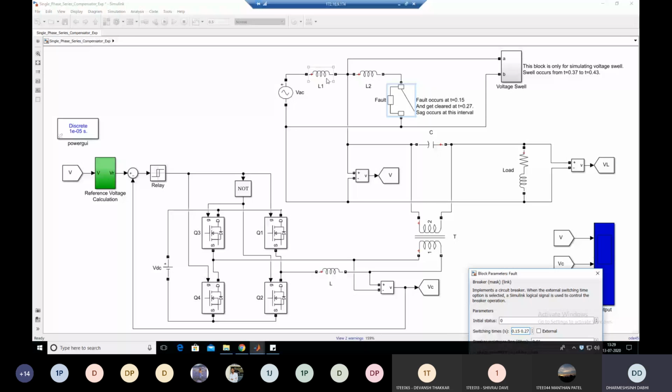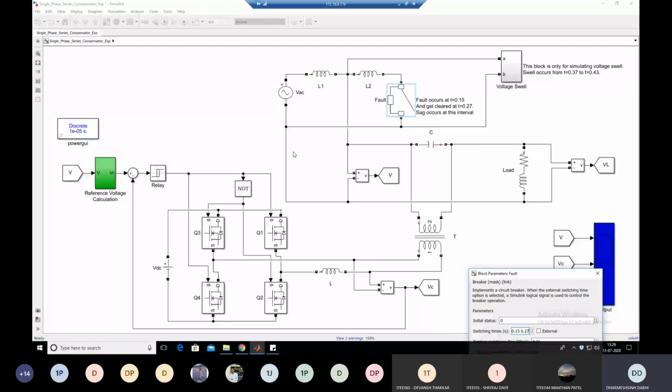Here we have an inductor, which represents the transmission line. Here there is a breaker. Initially between 0 to 0.15 second, this breaker is open circuited. So current is flowing from the supply to L1, through this capacitor, through the load, and then to the negative of the supply.